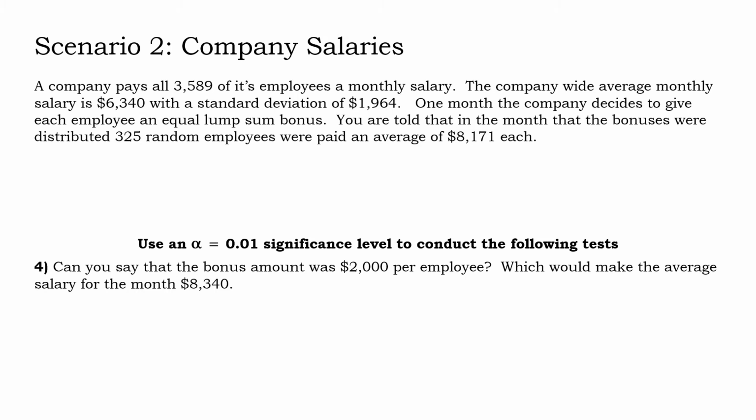If everybody got a $2,000 bonus, then the average would go up $2,000. You remember our transformations from earlier in the semester. So what we really want to know is the average in the bonus month for all 3,589 employees, our population, $8,340. If that's true, then the bonus amount was in fact $2,000 per employee.